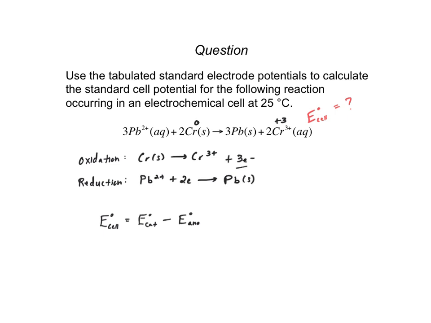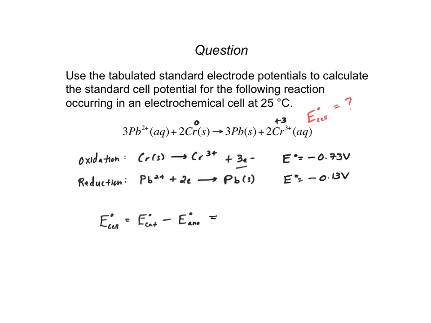So we go to our nice little handy reduction potential table, and hopefully you can read it. For the chromium half reaction, we get a reduction potential of a minus 0.73 volts. And then for the lead half reaction, we get a potential of a minus 1.13 volts. So now, if we're going to calculate the cell potential, we're going to take the cathode half reaction, subtract the anode half reaction.